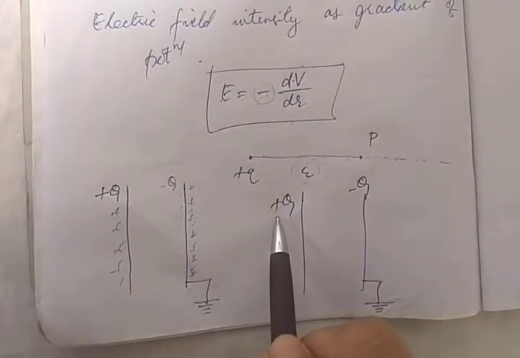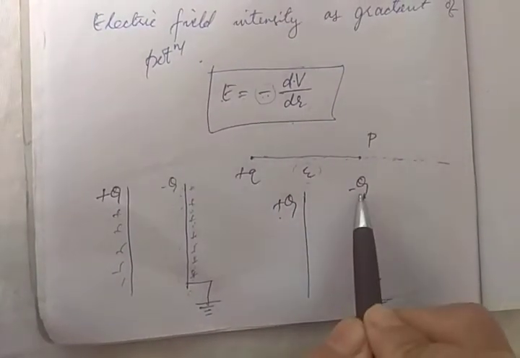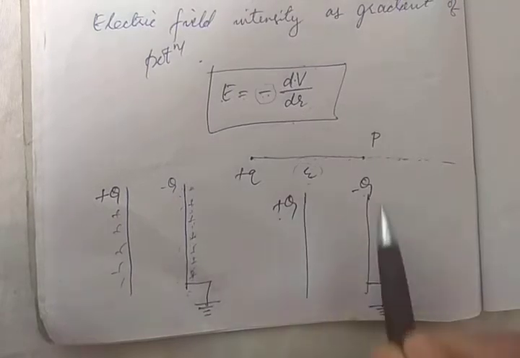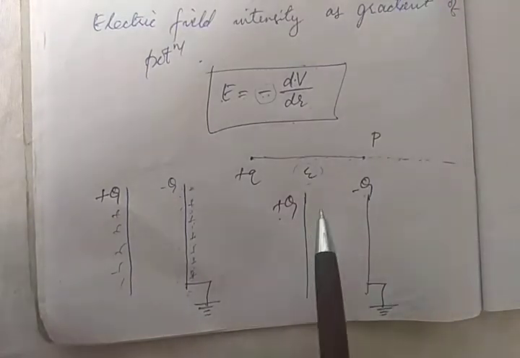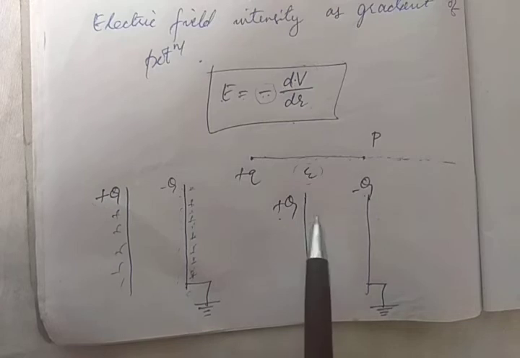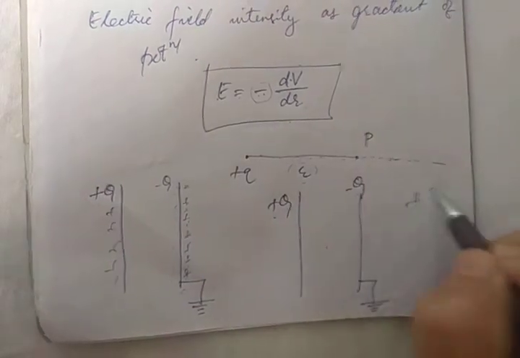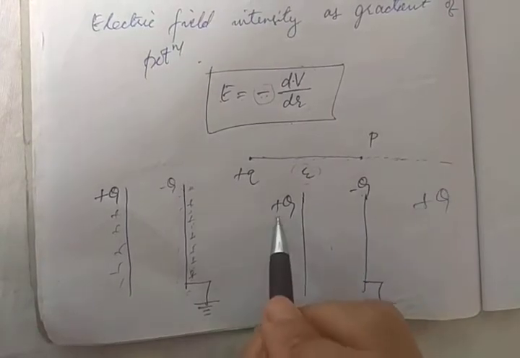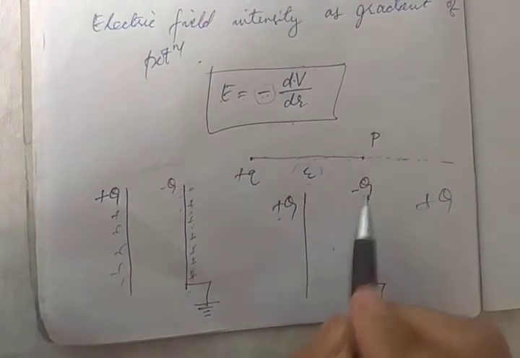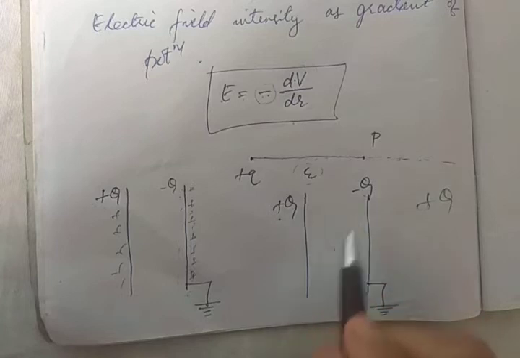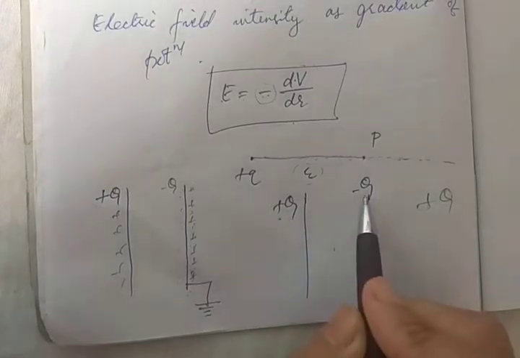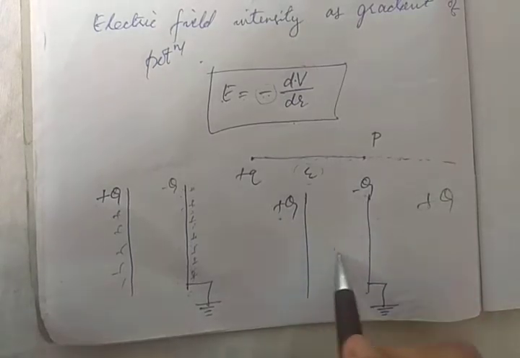Now we have plus Q amount of charges here and minus Q amount of charges here. This is a capacitor now, but still remember, we say that the total charge the capacitor carries right now is plus Q. Although this is plus Q and this is minus Q, it's not like these two charges neutralize each other and therefore the total charge carried by the capacitor is 0.